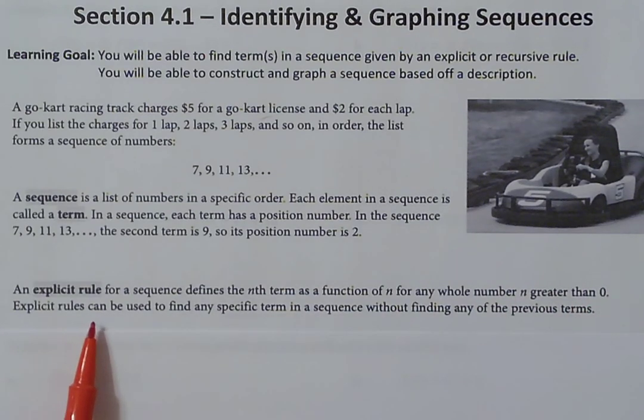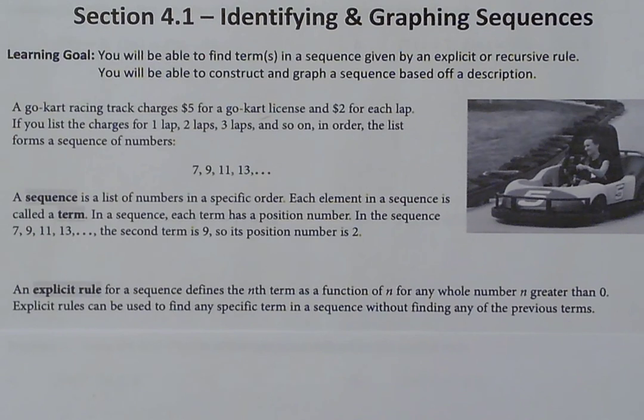Explicit rules can be used to find a specific term in a sequence without finding any of the previous terms. So what this is going to look like is I'm going to give you a function or an equation, and I'm going to ask you to go through and find either the first 4 terms or find a specific term. And you're going to use that rule to help you just go through and find it.